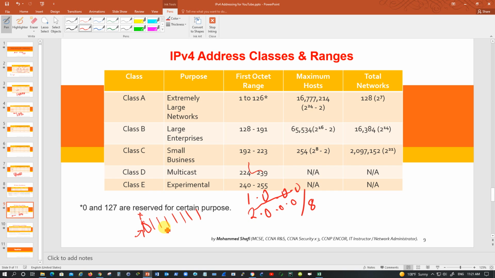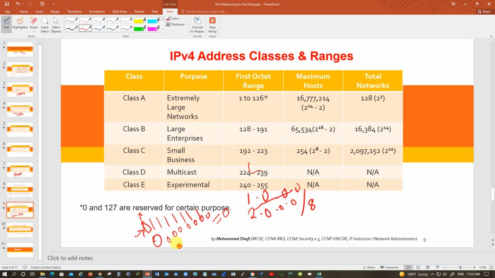But out of this, how many are valid? We have a valid network range starting from 1 to 126. You cannot have all zeros and all ones. If I turn this to be all zeros, keeping the first bit 0 and the remaining 7 bits zeros, this becomes 0 in decimal.